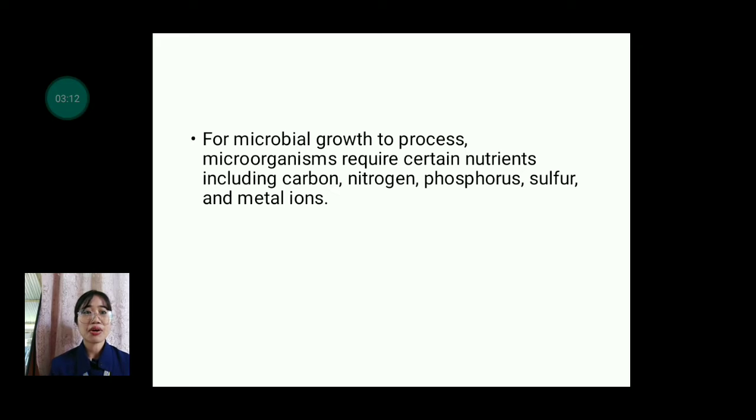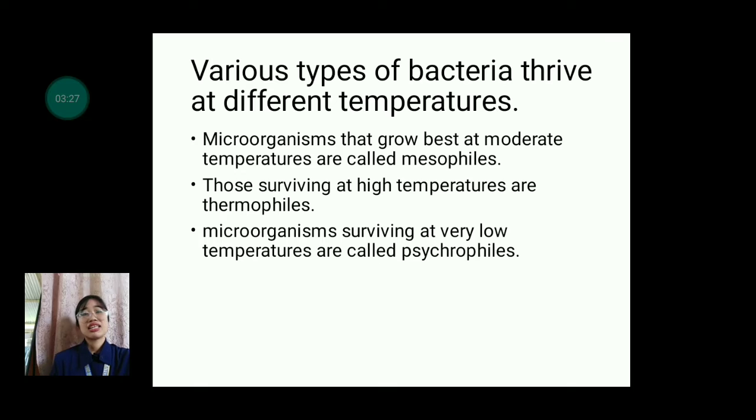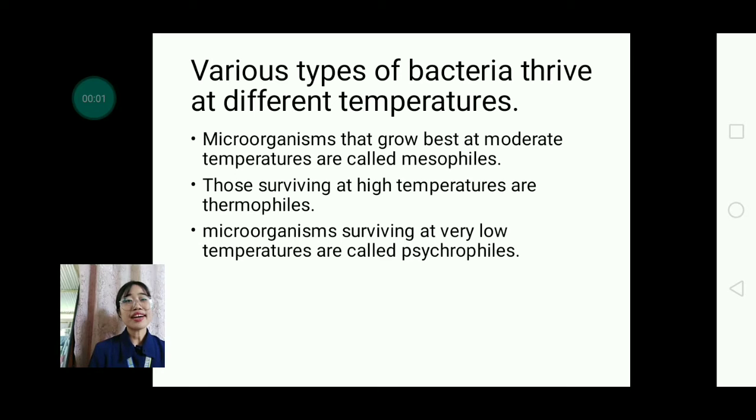For microbial growth to proceed, microorganisms require certain nutrients, including carbon, nitrogen, phosphorus, sulfur, and metal ions. There are also various types of bacteria that thrive at different temperatures. Microorganisms that grow best at moderate temperatures are called mesophiles.